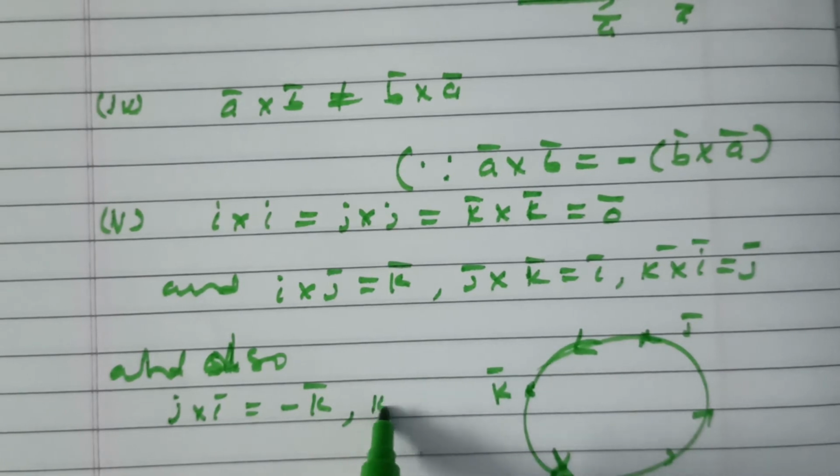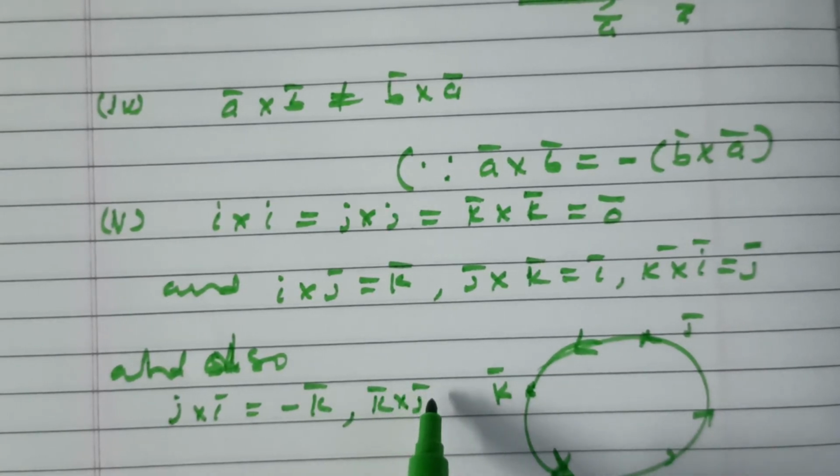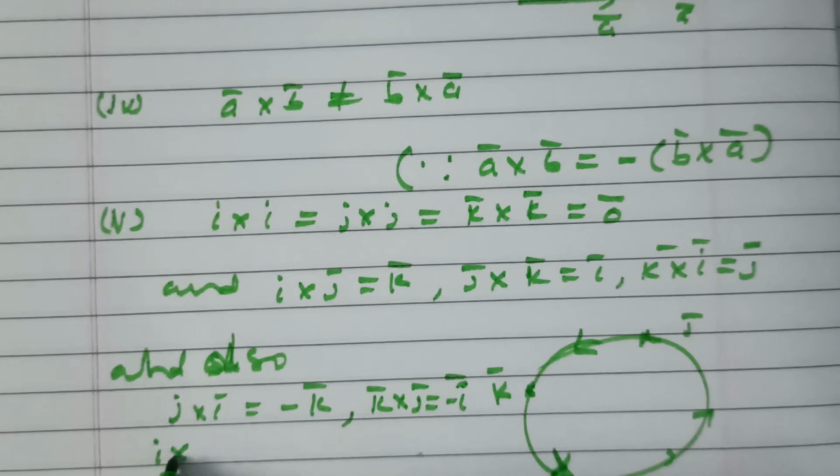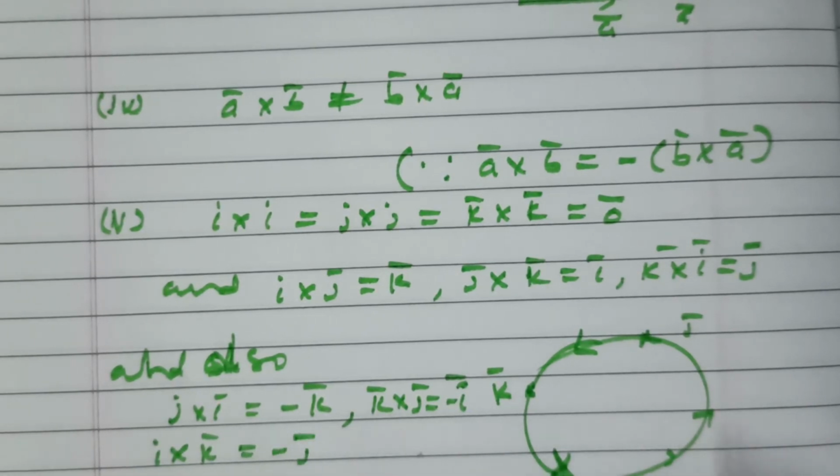K bar cross J bar is equal to minus I bar. I bar cross K bar is equal to minus J bar, which are in the clockwise direction. J bar cross I bar is equal to minus K bar. This is anti-clockwise.